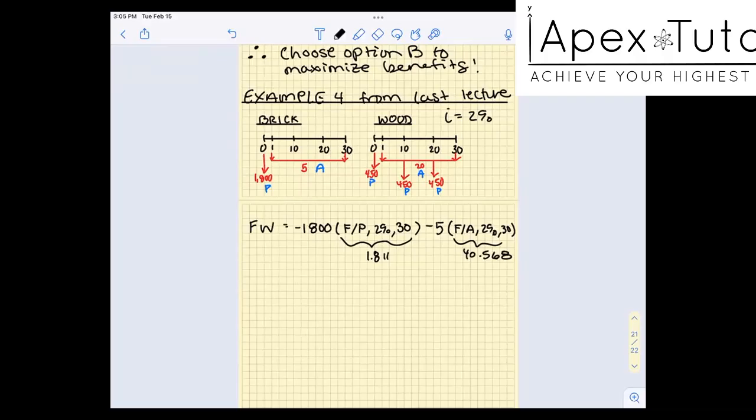What do you get when you add that all up? The table is in Canvas in the Files section, and it should say something like Appendix C tables or interest tables.